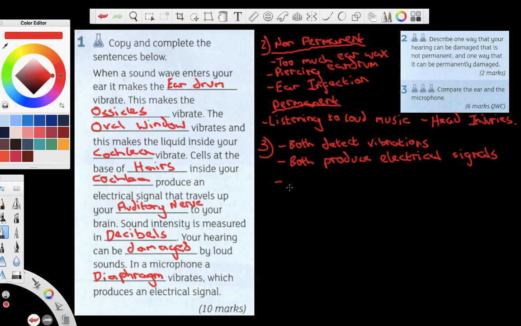For another mark, you could have said that the ear contains bones, membranes, and liquids, but the microphone does not.